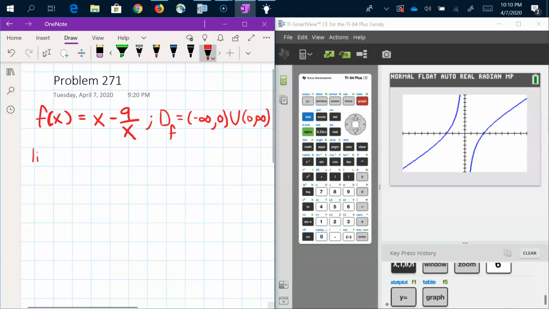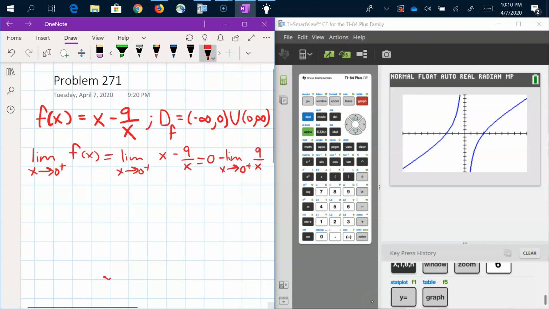In fact, if I look at the limit as x approaches 0 from the right of f of x, this is going to be the limit as x approaches 0 from the right of x minus 9 over x. And the first part of it, as x approaches 0 from the right, of x itself just goes to 0, so this will just be 0 minus the limit as x approaches 0 from the right of 9 over x.